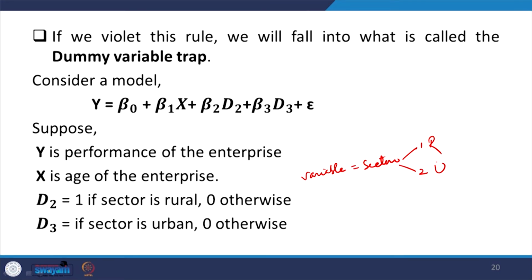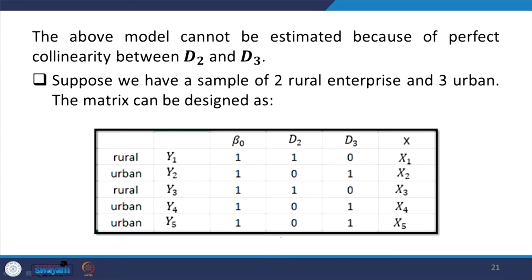Now, if you define D2 equal to 1 if the sector is rural and 0 otherwise, and in D3, another dummy variable, you define 1 if it is urban and 0 otherwise, it is just the reverse of each other. How these create a problem of perfect multicollinearity, we are going to explain.